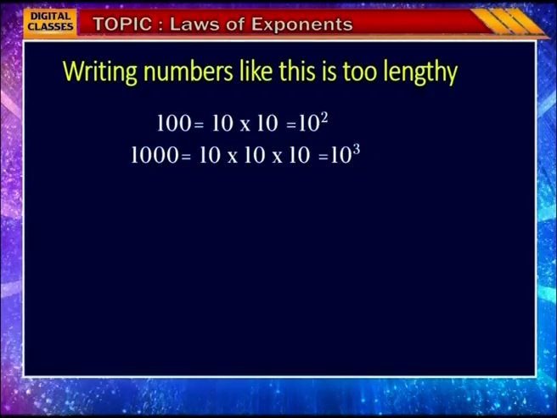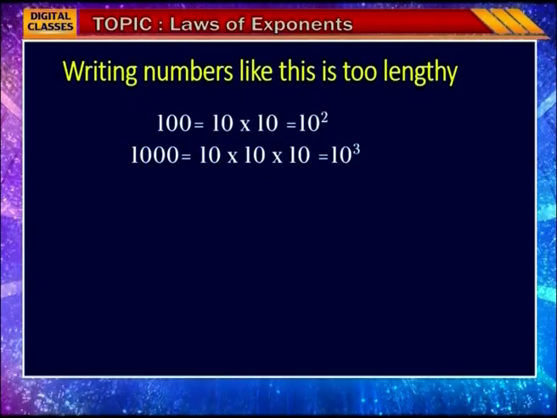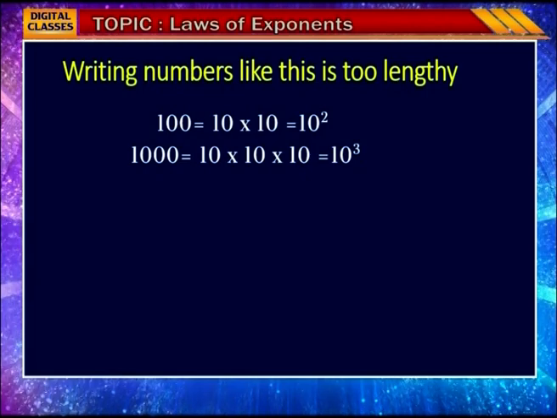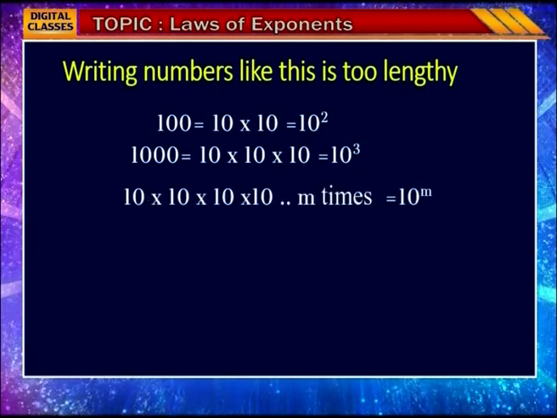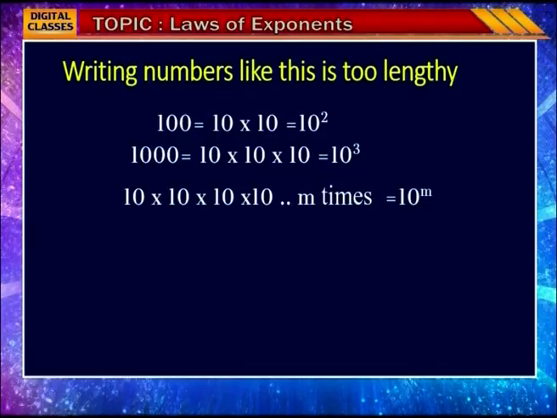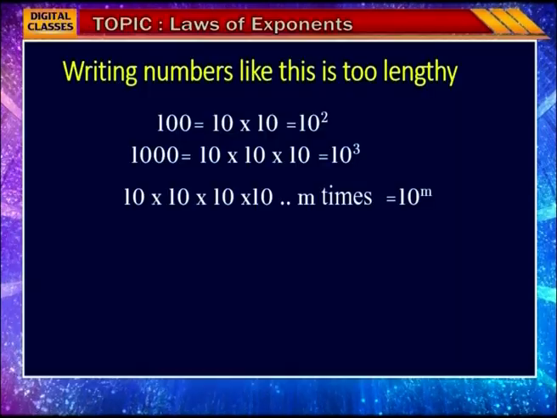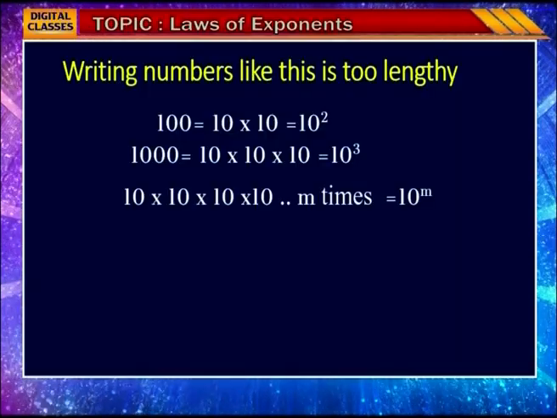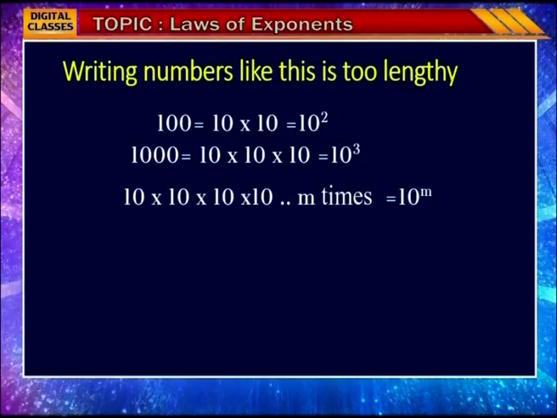So 1000 can be written as 10 into 10 into 10, which is 10 to the power of 3. Like this, if you multiply 10 m times, it can be written as 10 to the power of m.